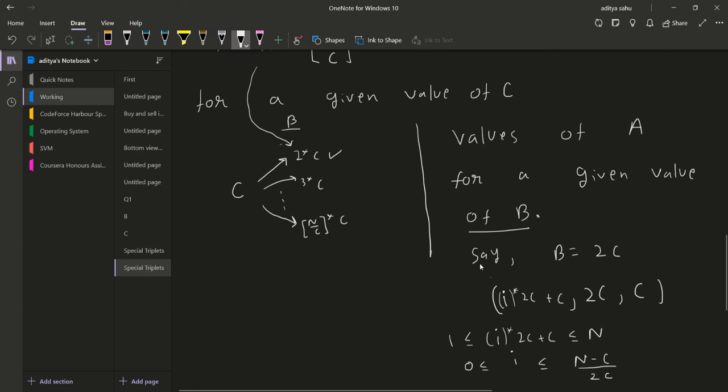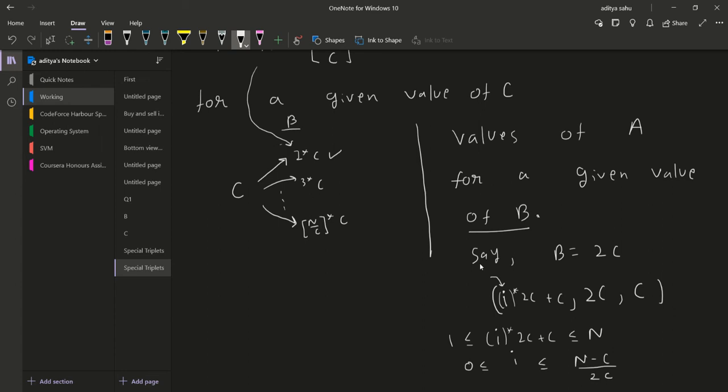And this integer value, it has to be greater than or equal to 0, because no negative multiples of b we can take. We only have to take positive or 0 multiples. I mean the I value always starts from 0 and goes up till some positive integer.